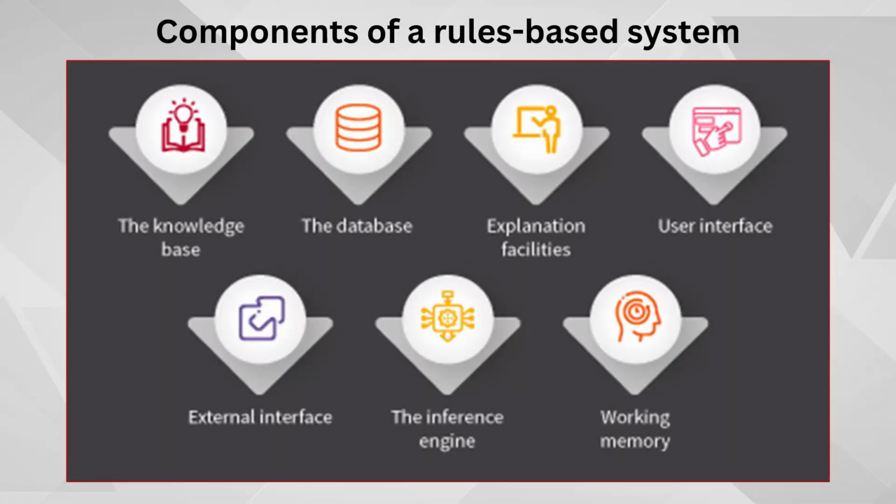Here are the main components: the knowledge base, rule base (also known as database), inference engine, working memory, user interface, explanation facility, facts or data, knowledge acquisition system, control strategy and conflict resolution. The last three are optional for the rule based system depending upon the complexity of the expert system.